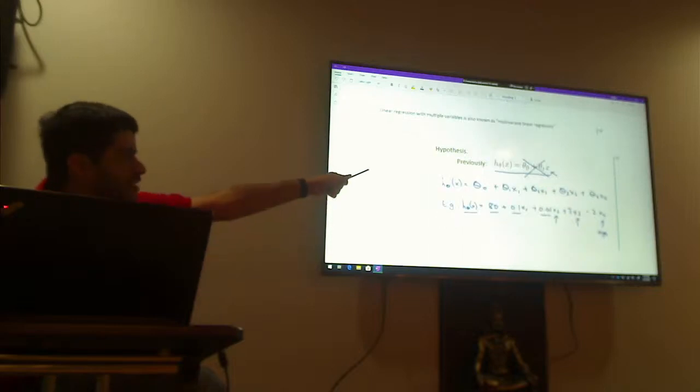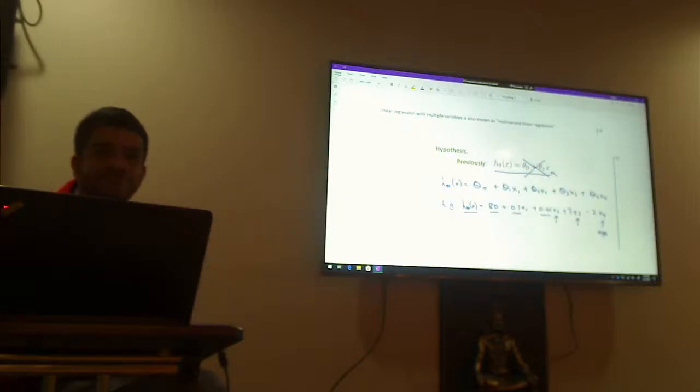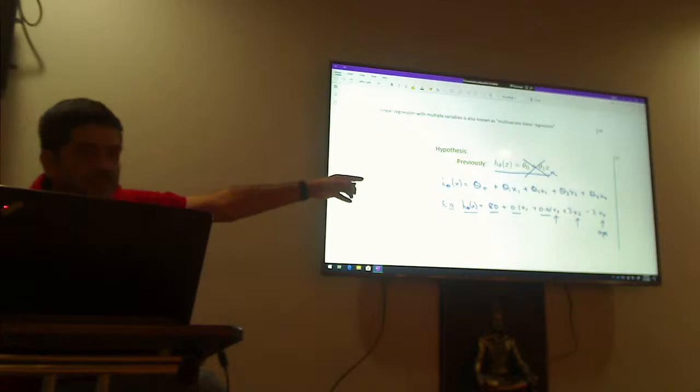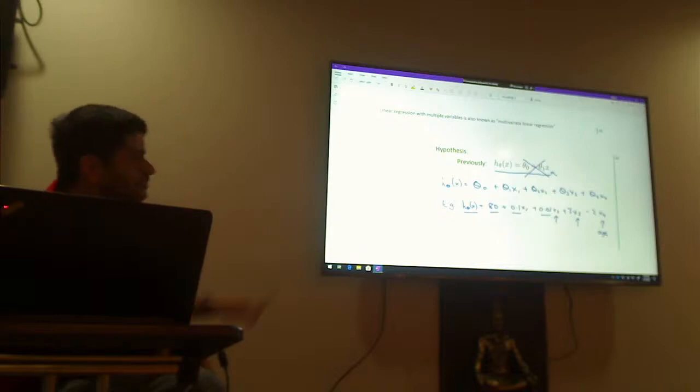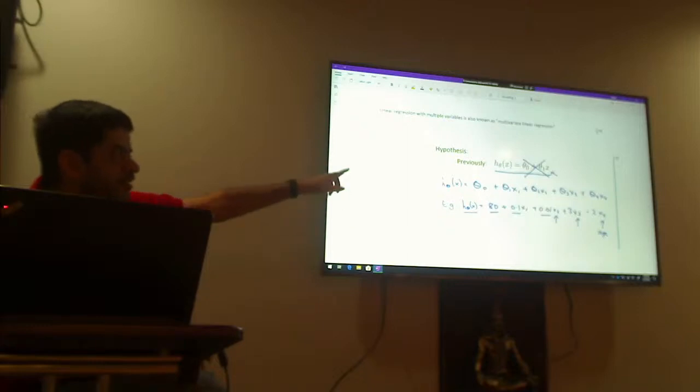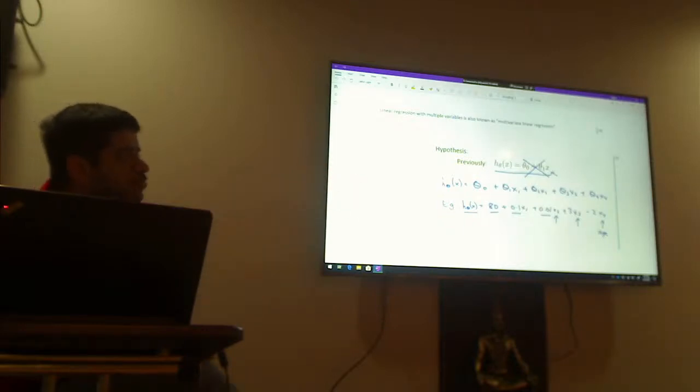So in the previous case, this was the hypothesis. h theta x equal to theta 0 plus theta 1 x. We did this already. h theta of capital X, if you want to correctly explain, should be x1, x2, x3, x4. So theta 0, theta 1 x1, theta 2 x2, theta 3 x3, theta 4 x4. So what exactly are we trying to find out finally?